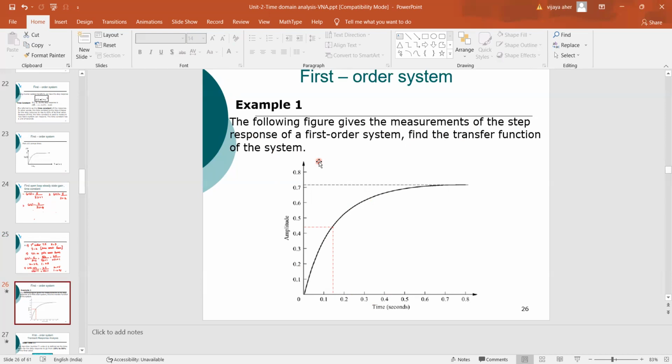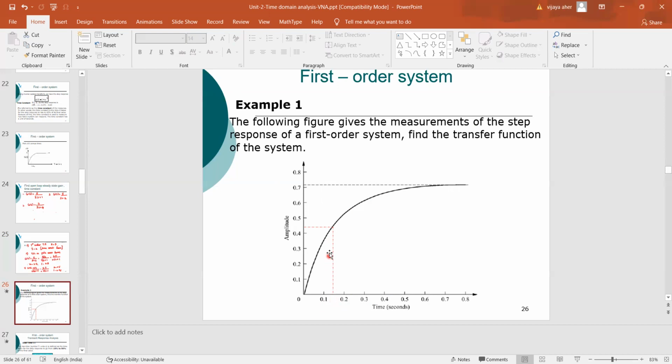Reverse way. So what is tau? This is nothing but t is equal to tau. So this point is exactly in between point 1 and point 2. So you can write for this t is equal to tau. Tau is equal to 0.15, right?